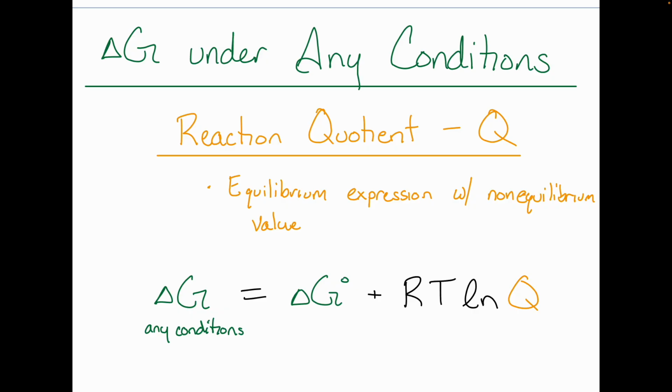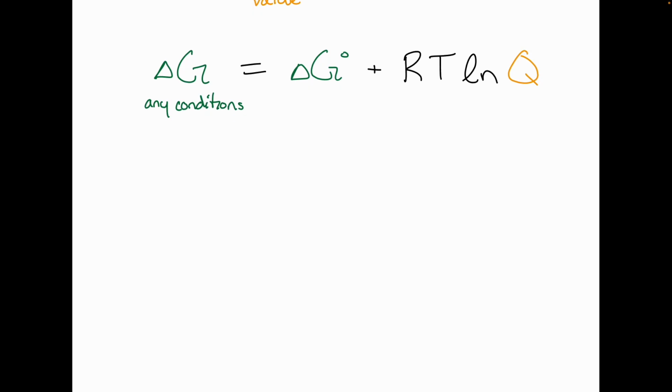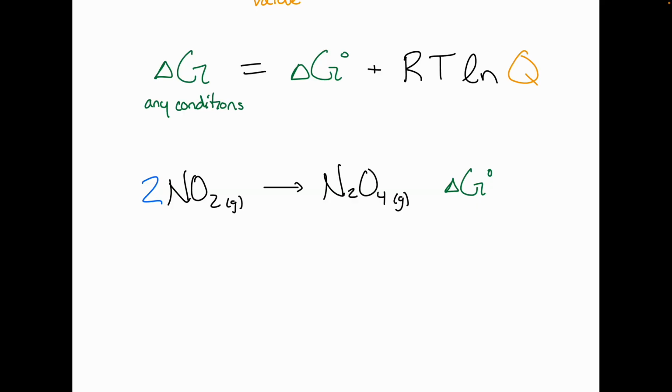Since we've been beating this one to death, let's just stick with it here. We're going to take our 2NO2 gets us to N2O4. And as we noted, the delta G naught of this reaction was negative 2.8 kilojoules per mole.